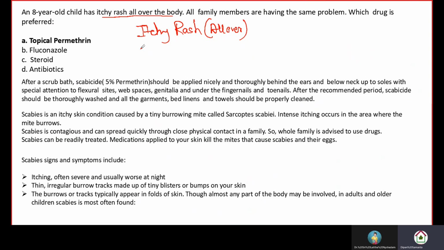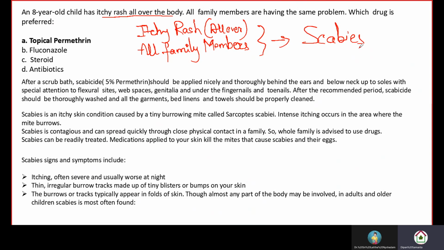All the family members have the same problem, very common. In scabies, do remember there are very few conditions like this. In scabies, the whole family is given treatment.